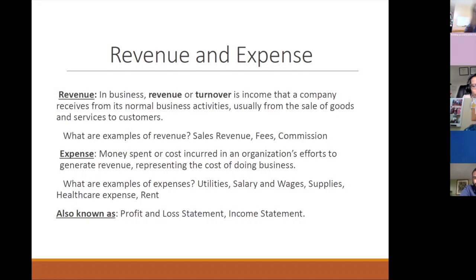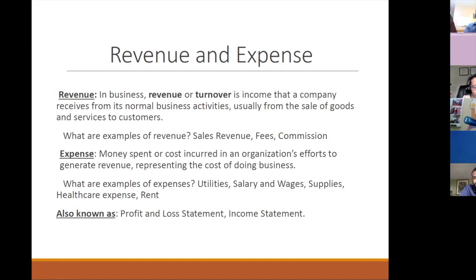So let me just give an example. You're in the business of selling clothing, right? When you sell clothing and you earn money, that is your revenue, right? Because that is part of your normal operation.